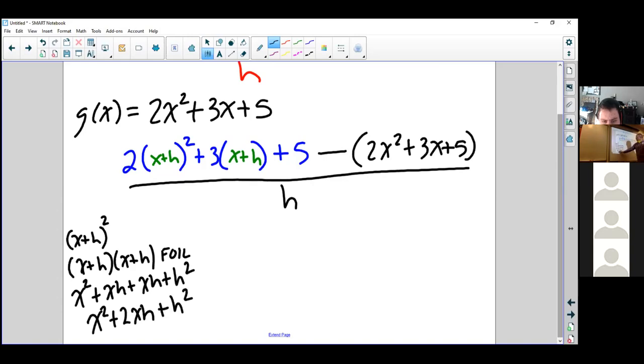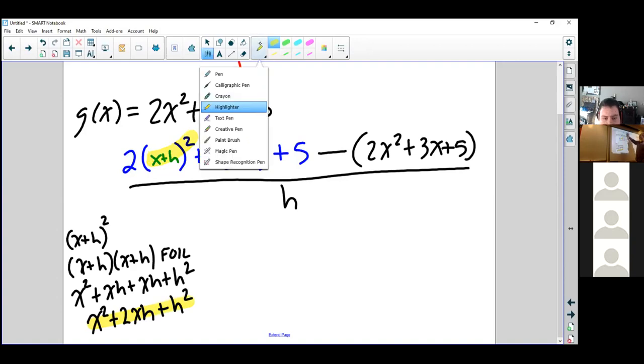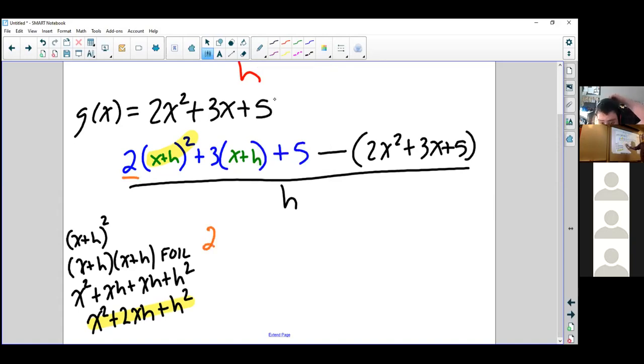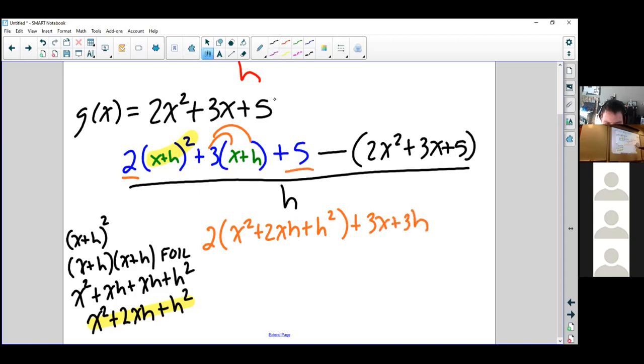So I'm going to replace this. That's going to go back in for that whole thing right there. Make sense? All right, so I'm going to go 2 times x squared plus 2xh plus h squared. I'm going to distribute positive 3 over the parentheses here, plus 3x plus 3h plus 5 comes along for the ride.